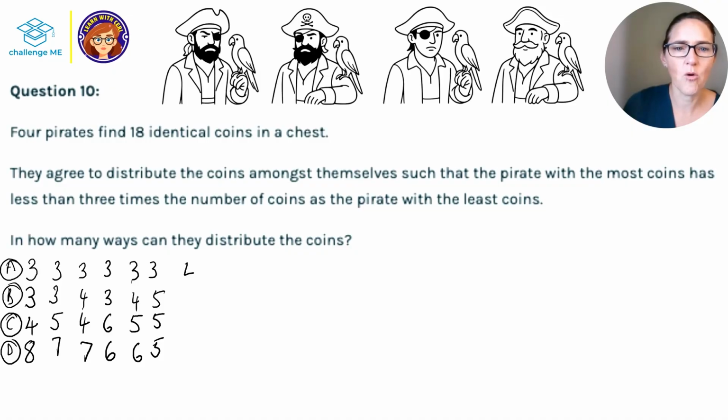Let's try 4. So 4 and 11, that makes 15, so they're too low in between. Let's have a think. Even 4 and 7 makes 11, leaving only 7 here, and we can't make 7 with numbers 4 or greater. So let's go with 4 and 6.